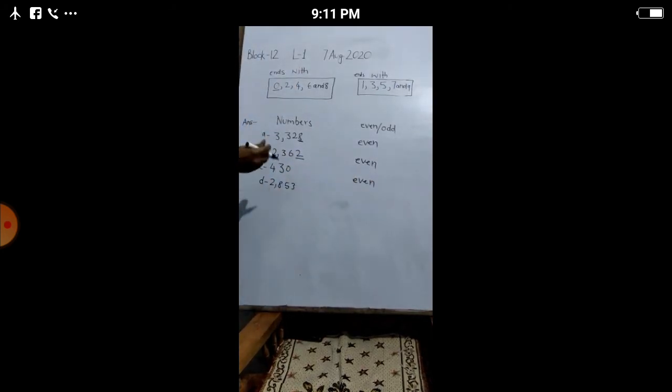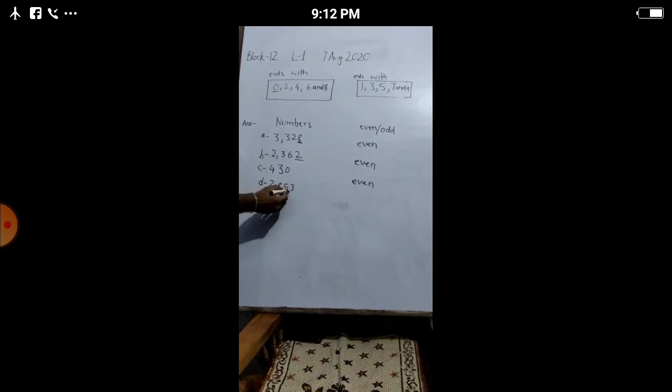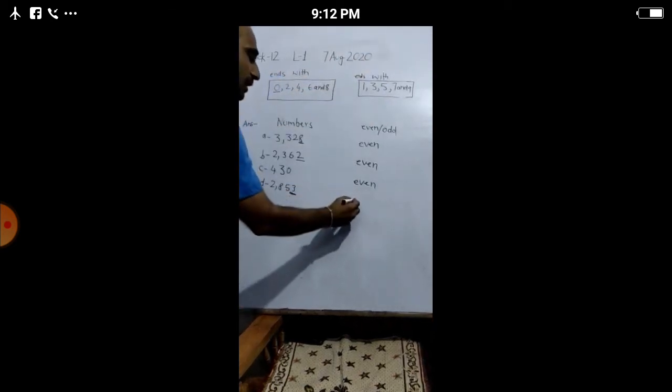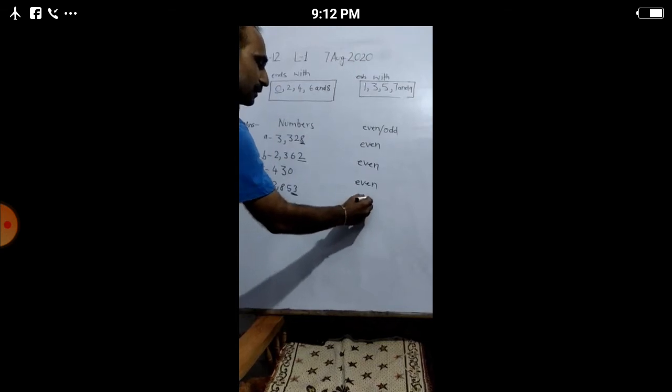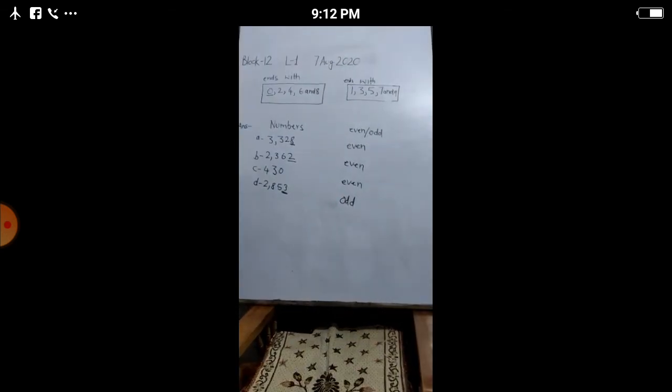Now children, D number 2853. So it ends with 3. So this number belongs to this table. So it is called an odd number. Children, in other words we can say those numbers that end with 0, 2, 4, 6 and 8 are multiples of 2.